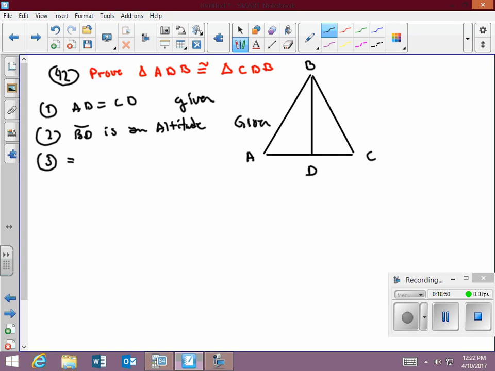And it follows then that BD and AC are perpendicular.